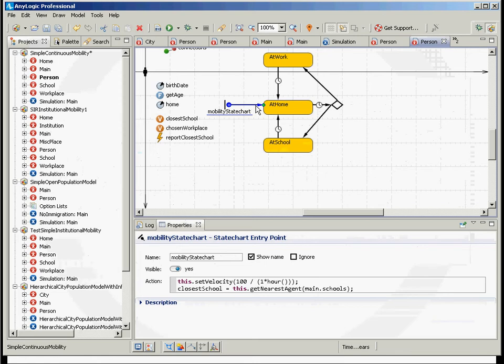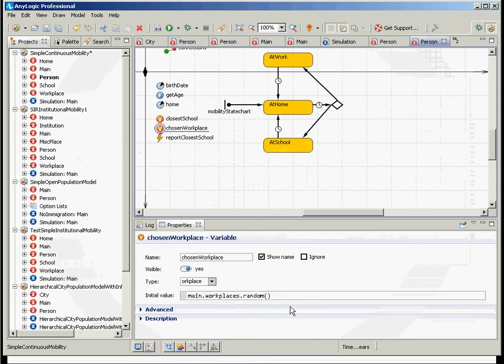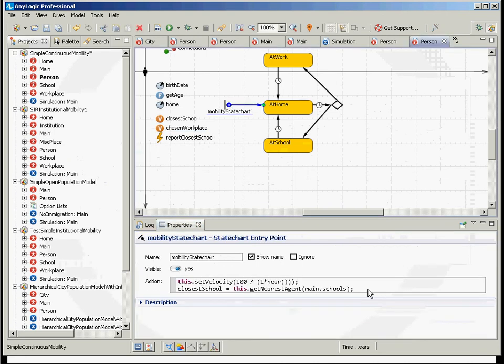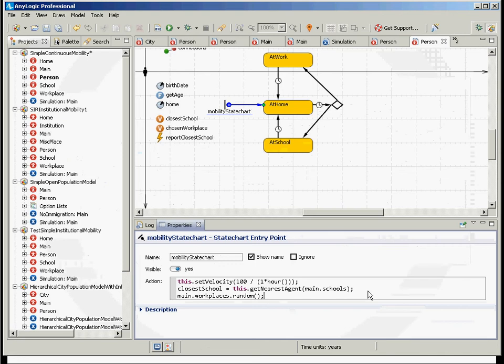Correct. This was random, so it didn't depend on my location, but probably for consistency and to lower the cognitive burden of wondering where things are, we could have gone something like this: chosen workplace equals this.